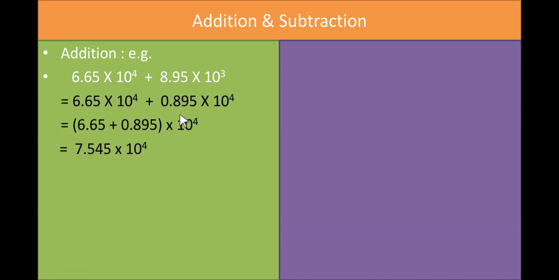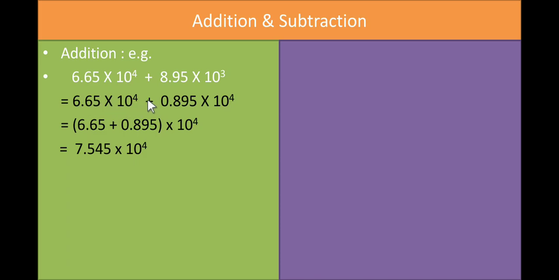First of all, we have to make the exponent terms similar, that is, either both terms have 10 to the power 4 or 10 to the power 3. So we are here changing the term 10 to the power 3 to 10 to the power 4.